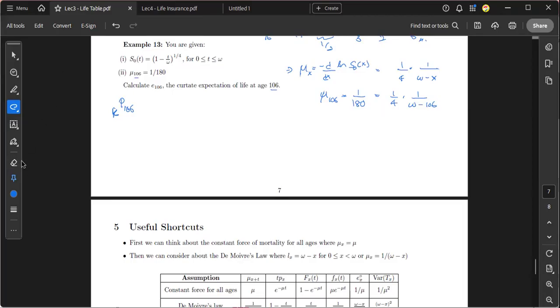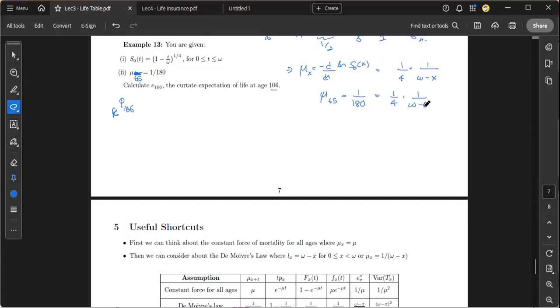Let me check the textbook first. Yeah, so this is not 106, it is 65. So that we can have something meaningful for mu and omega.